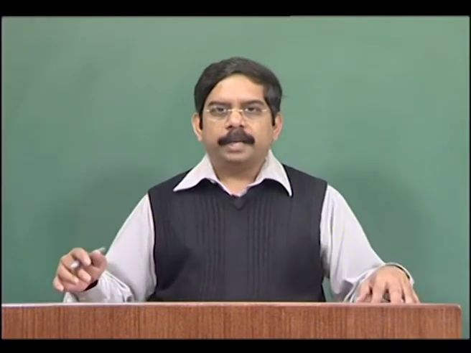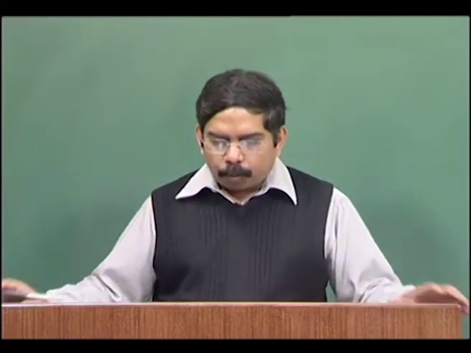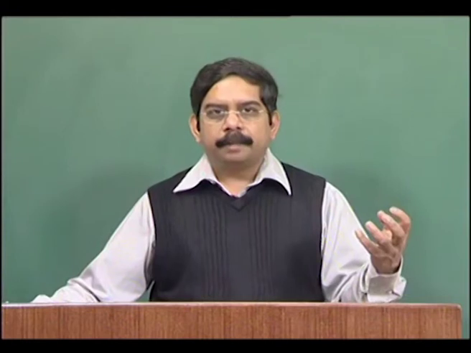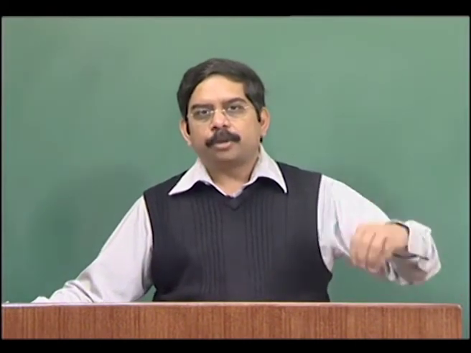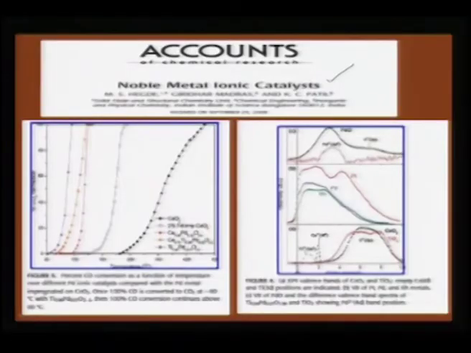So, till today most of the companies are using this platinum coated solid supports for catalytic conversion, but what has been found recently is that if you take platinum and treat it with ceria in a combustion mode, platinum is not actually sitting on the surface, but it is getting precisely doped into the cerium site.